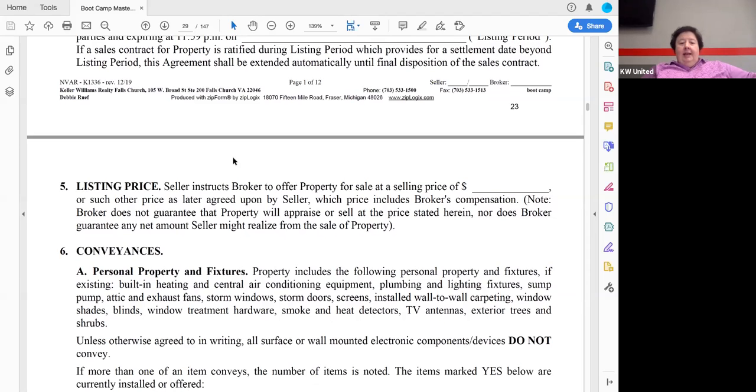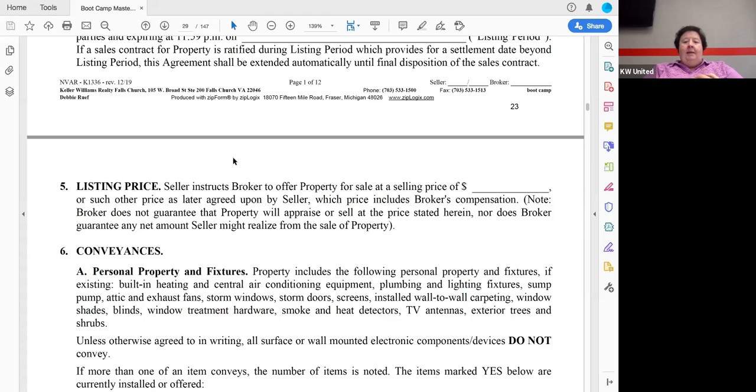Listing price. Now, when you're making up an agreement, there's a couple things that are must-haves. There's some forgiveness when it comes to ratification, but you must have a start date. You must have a termination date, which we just discussed, and you must have a sales price. So you cannot put TBD in here.